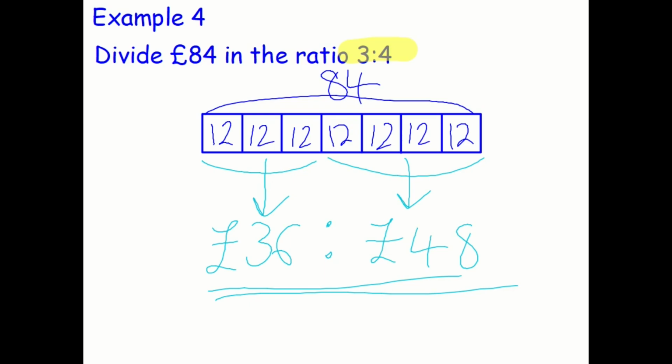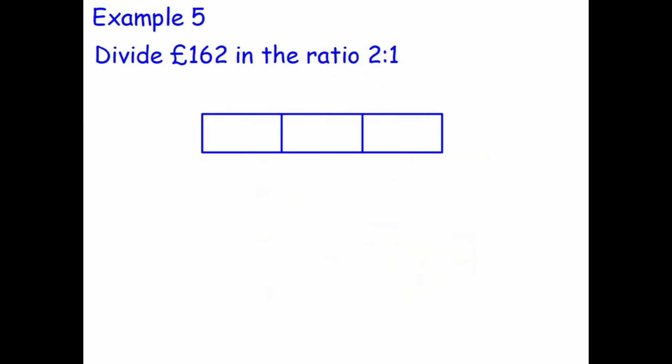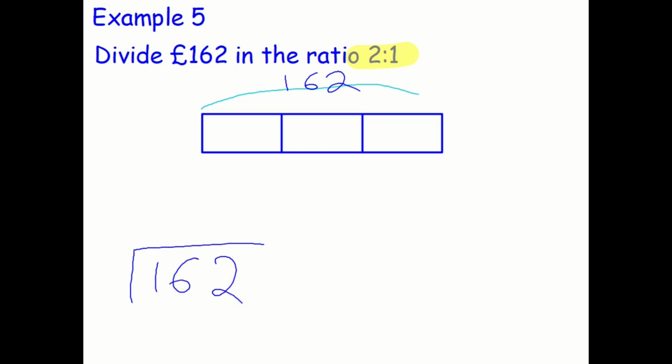Example number 5, divide 162 in the ratio 2 to 1. I've added together 2 plus 1 to give me my 3 boxes. So I'm going to do 162 split between those 3 boxes. Well, I don't know what that is off the top of my head, so I'm going to do a little bus-stop division. So 162 divided by 3. 3's into 1 don't go. 3's into 16 go 5 times, remainder 1. 3's into 12 go 4.